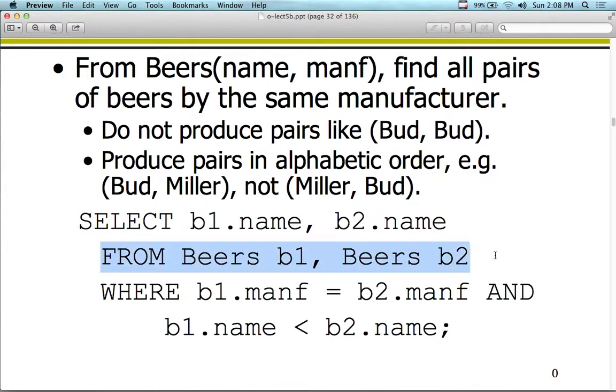So this is the key here. A lot of people will do this just to make it easier to write the rest of the query, which is why I always start with a from clause. If you start with a from clause, you figure, what do I need to get this from? Well, I'm going to check the beers that match other beers in the same table. Then I'm going to go beers B1, comma beers B2. If I've started with the from clause, then I can come back to the select clause.